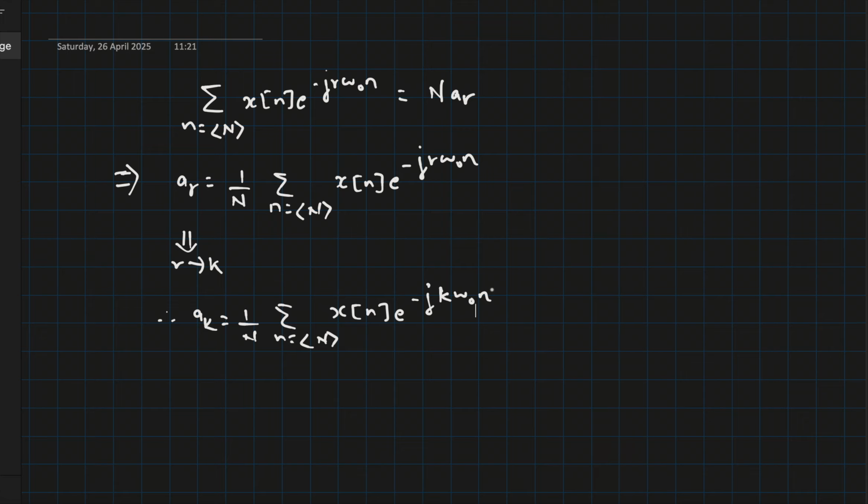Now we want to see again the discrete time Fourier series.